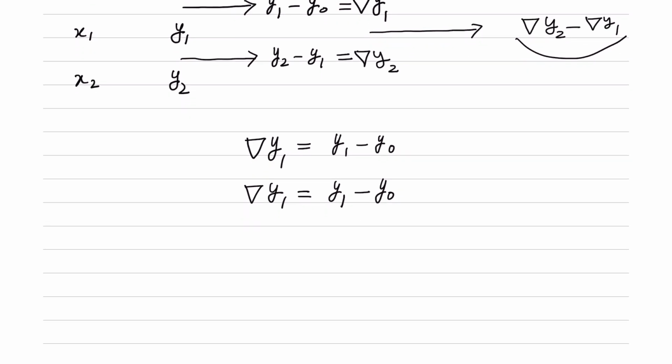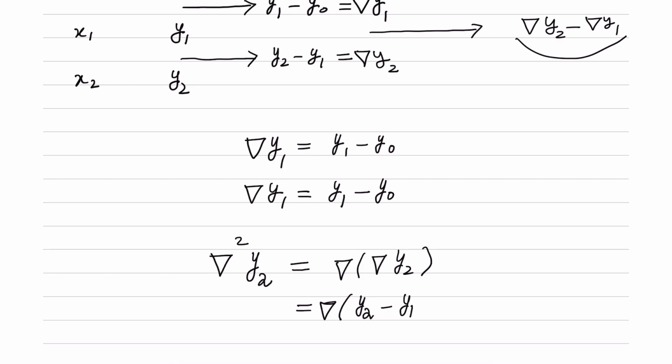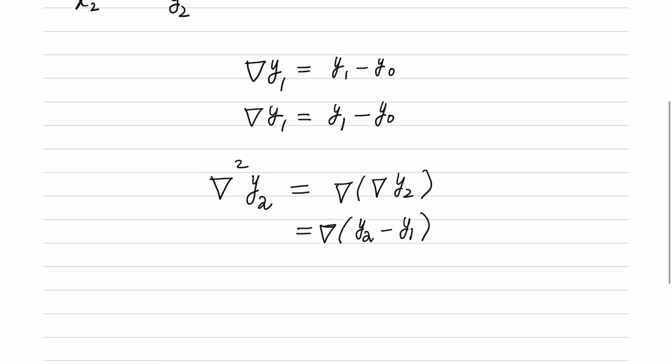Now again, if we calculate, let's say, backward square y2, we want to see what we get. We keep one delta out and one delta in. Backward y2, by definition, stays at y2 and calculates the difference with one value behind y2, which is y1. This is just the definition of backward y2.